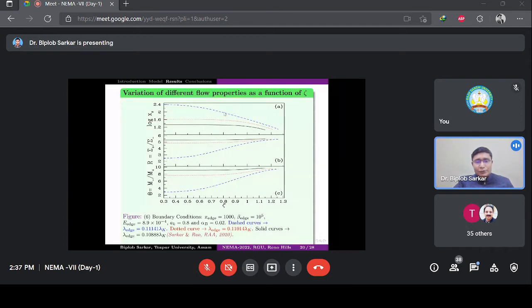This happens because we know that shocks are centrifugally driven. If the centrifugal repulsion becomes weaker due to the decrease of lambda h, then the shock location will shift towards the black hole horizon, and thereby the compression ratio and shock strength will increase.